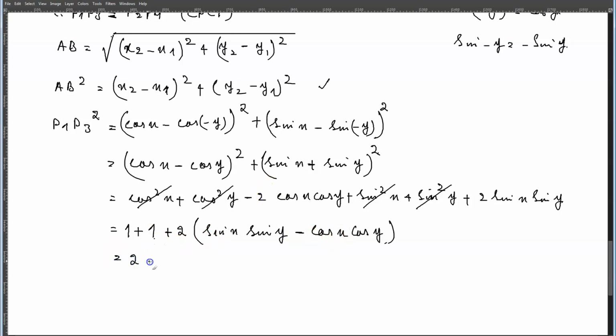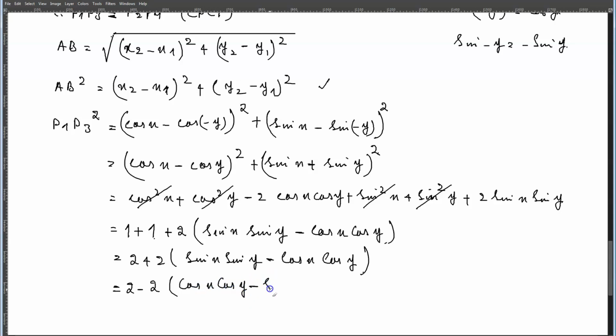Now I can write this as 2 plus 2 times sin x sin y minus cos x cos y, and then I can change the order here and take a negative out, so I can write it as 2 minus 2 times cos x cos y minus sin x sin y, right? So that is P1 P3 whole squared.